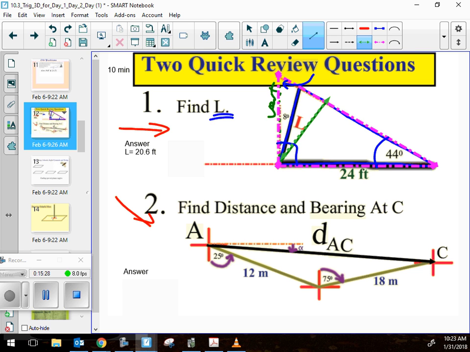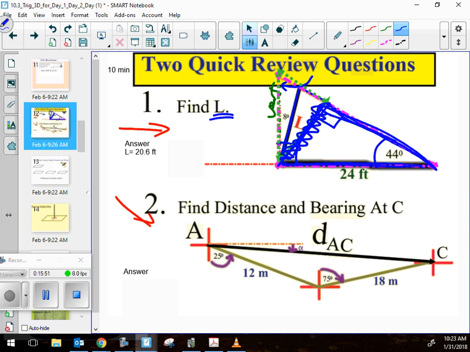Right here, that triangle also is a right, and if I know this one, now I have one side and one angle and a right triangle. But wait a minute, you're saying, I don't have this angle, Mr. Server. You do. This angle's a 90, and this side you know because it's in a right triangle. This right triangle, you know one side and one angle. Okay, enough advice on that one.